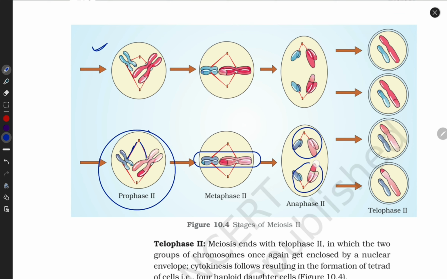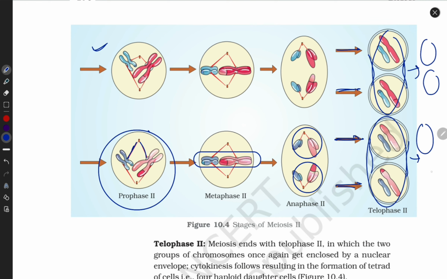In telophase the nuclear membrane and nucleolus reappear. This single cell forms two, and this cell forms two. They are still attached; this is not the cytokinesis stage. After cytokinesis they become separate.